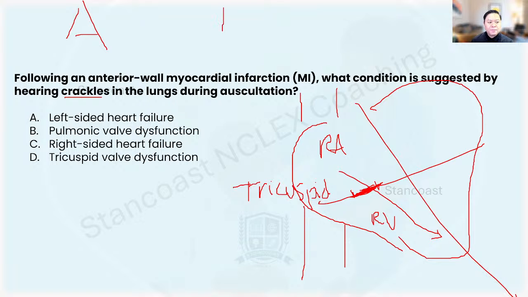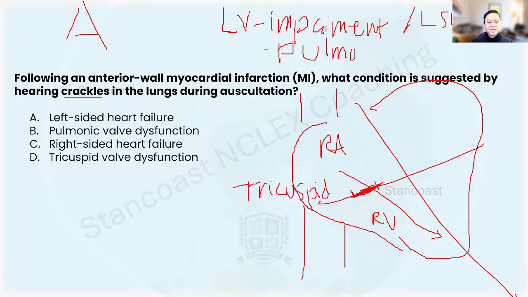If we are talking about the left ventricle problem, let me just put LV impairment, or probably I'll just say left-sided heart failure, you should be expecting more pulmonary manifestations because the lungs are the closest organs to the left ventricle, as in thinking about the blood and the potential backflowing.